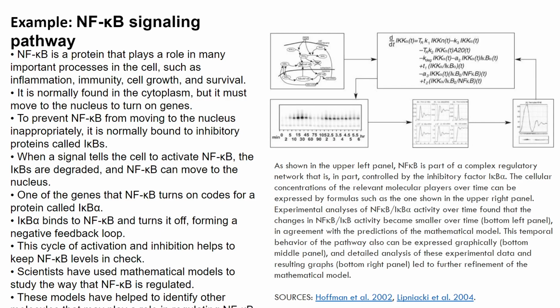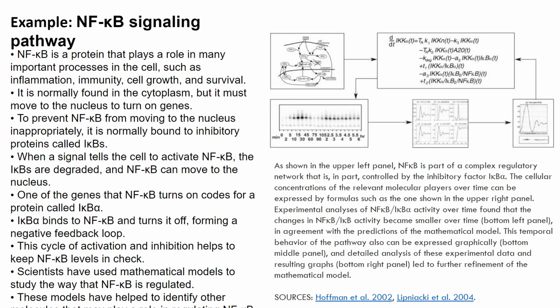Now you do that, and you find results which you implement in your experimental analysis of NF kappa B, I kappa B activity over time. And you see that it becomes smaller and smaller over time, in agreement with the predictions of the mathematical model.